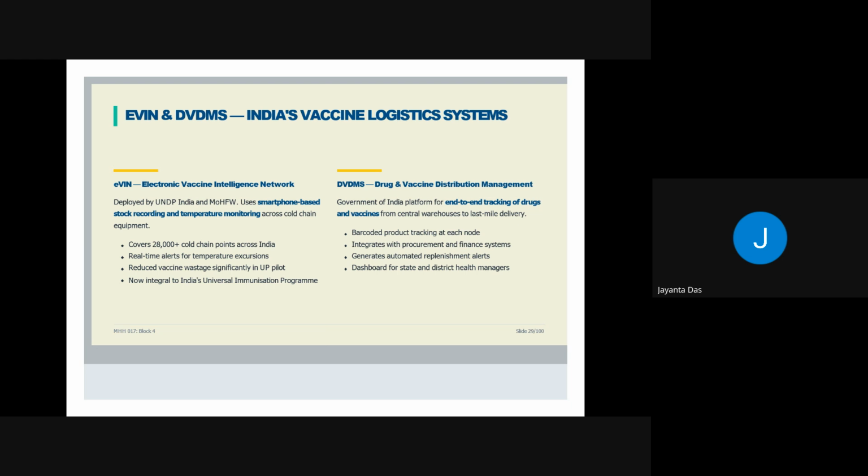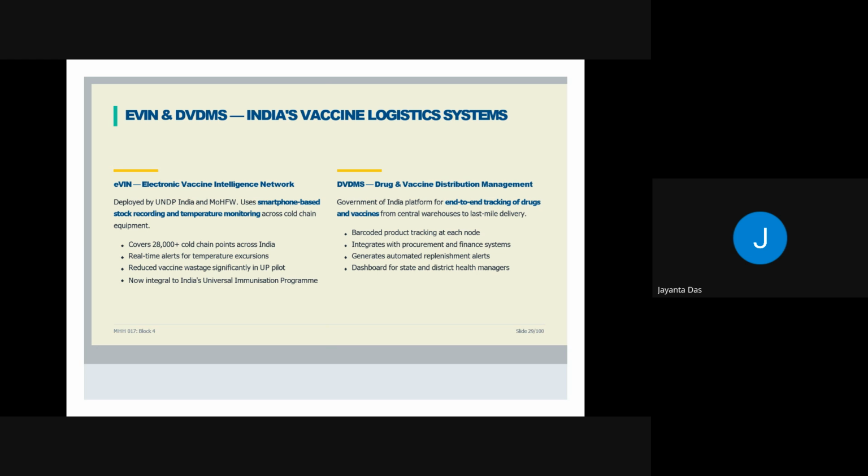They are not only training cold chain employees and technicians across the country up to the district level, but we have also developed this system and made it useful and effective for the whole country.